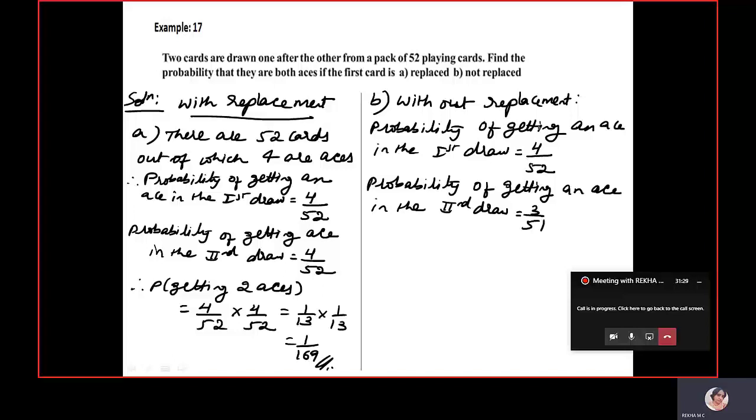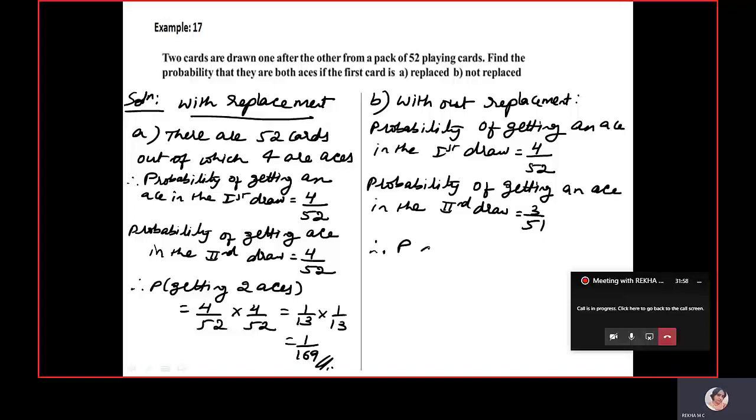One card is drawn, therefore the remaining cards will be 51. One ace card is drawn, therefore the remaining ace cards will be 3. Therefore in the second draw the number of favorable cases will be 3 and the total number of cases will be 51. So the probability is 3 by 51.